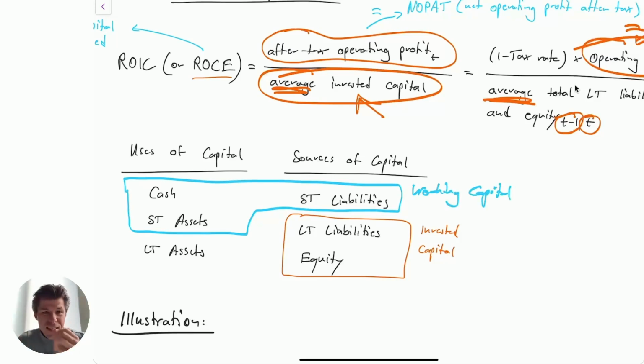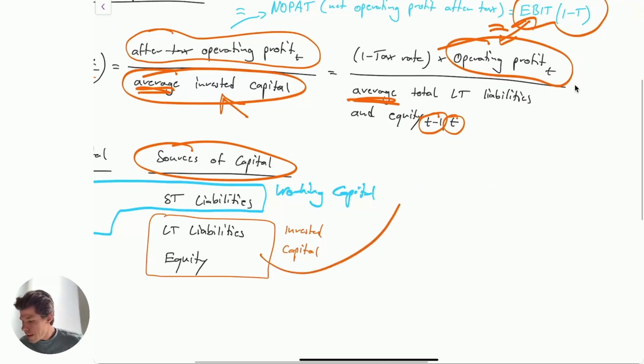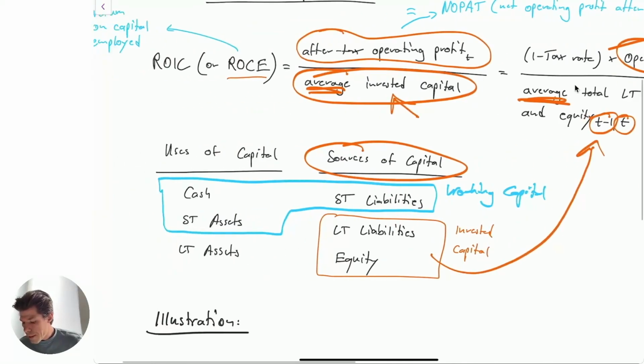And this is needed to run the company. So it's actually not really available to use as a performance measure because you can't do much with this source of capital. It's required to run your company. So that's why you look at long-term liabilities and equity only, and you exclude short-term liabilities. These are the sources of capital which you basically use for the formula here.